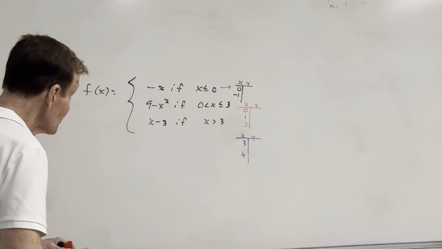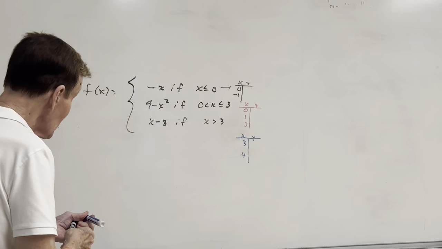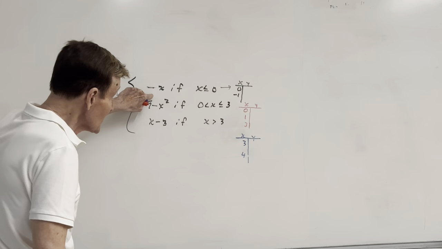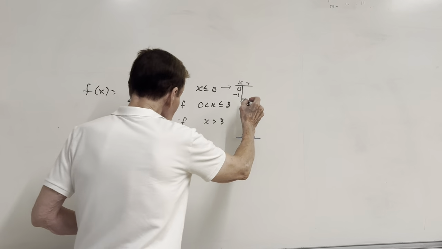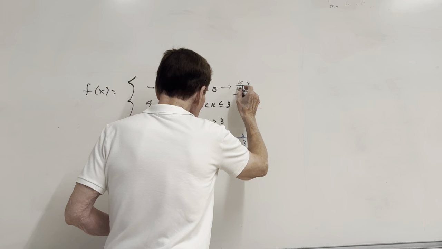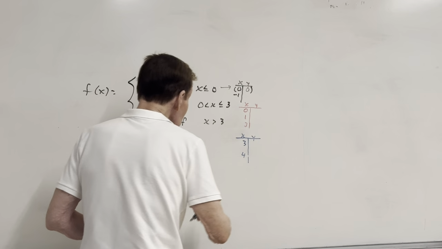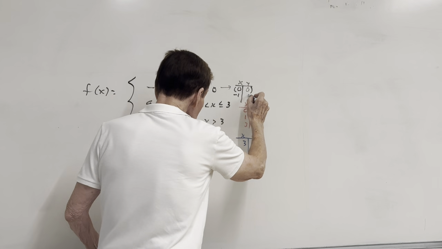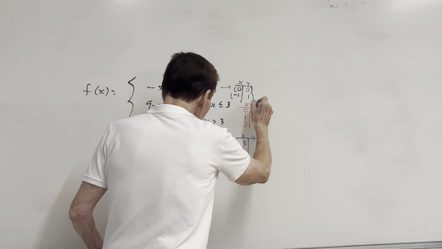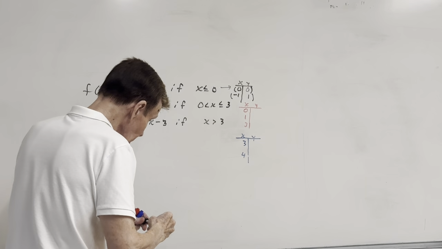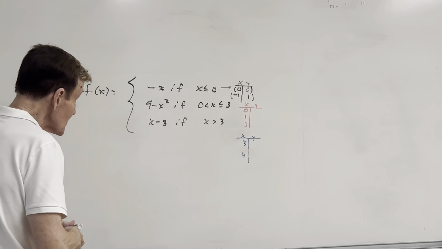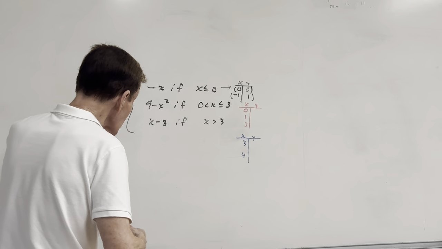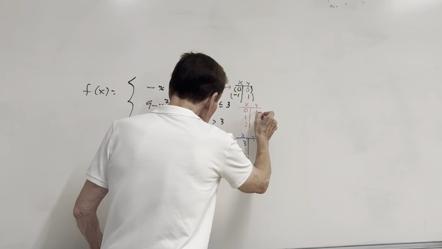Okay, now let's go back and fill in the tables. On the black one, if I go back to my function and replace x by 0, it's not exciting at all, it is 0. If I replace x by -1, with that negative sign prefix, it turns to a +1. The one in red, put 0 into my second piece, 9 subtract 0 squared, of course, gives me a 9.